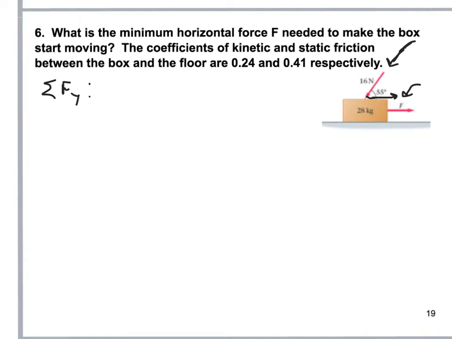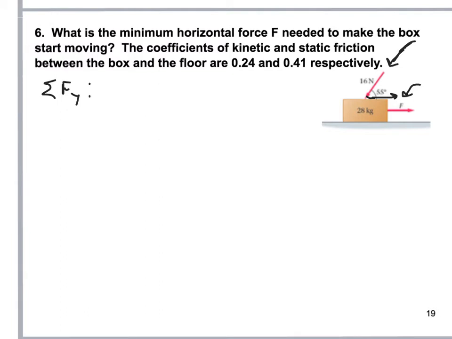Remember that motion in the x and y direction are independent of each other, and we'll sum all the forces in one direction, and then sum all the forces in the other direction. So we're starting with the y direction.